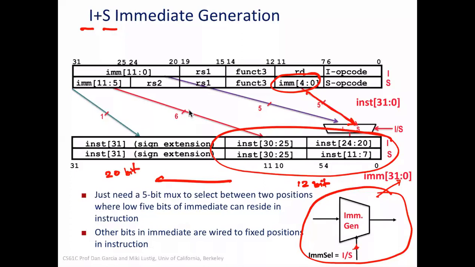We take 4 bits here, and then 5 bits from here between 20 and 24. If it's an I type instruction, select this one. If it's an S type instruction, select this one. Then the remaining bits available here, you bring here, and then sign extend.